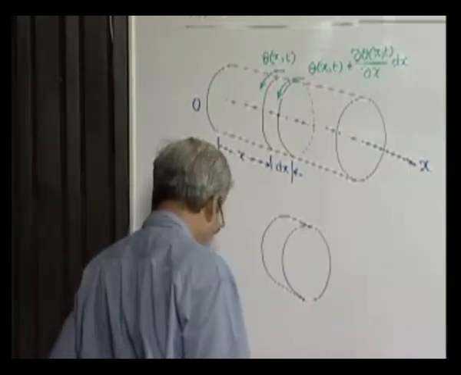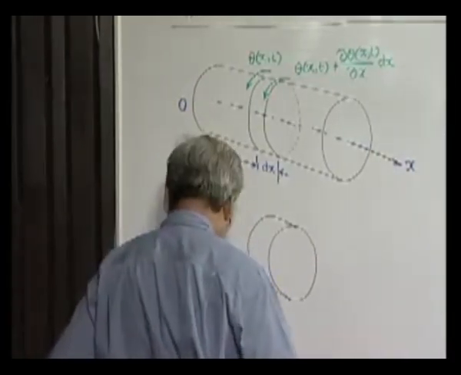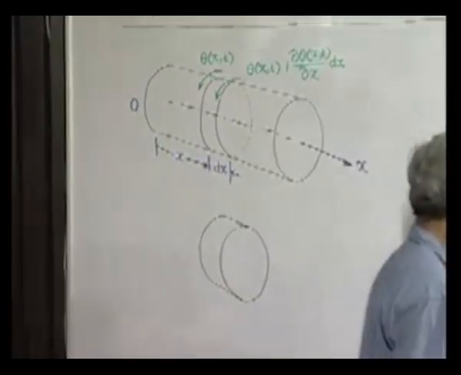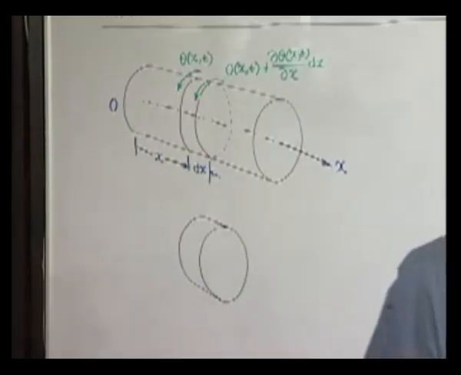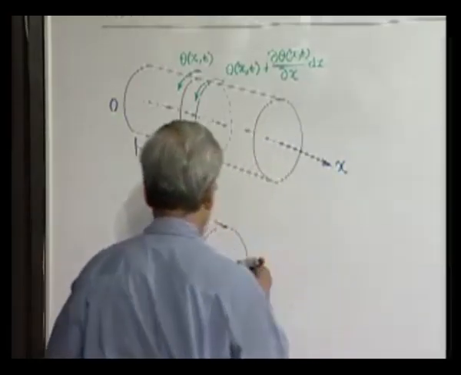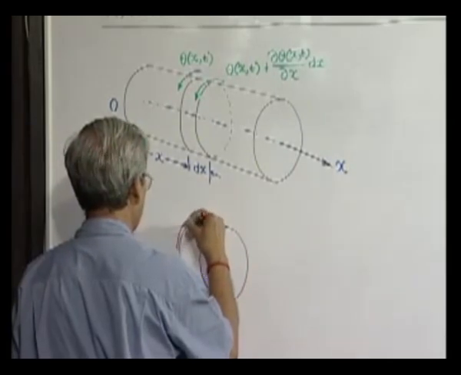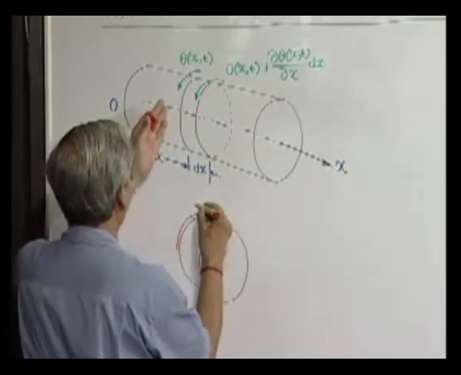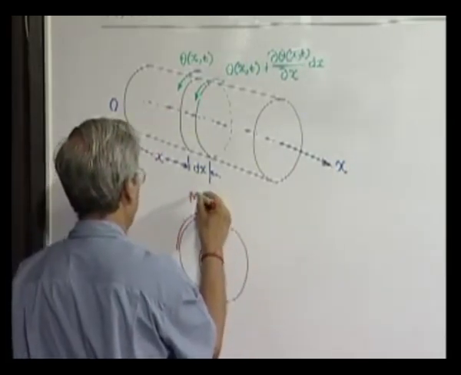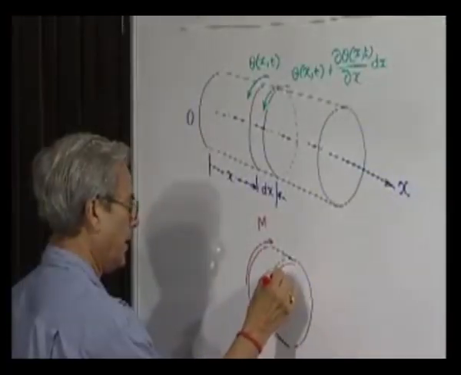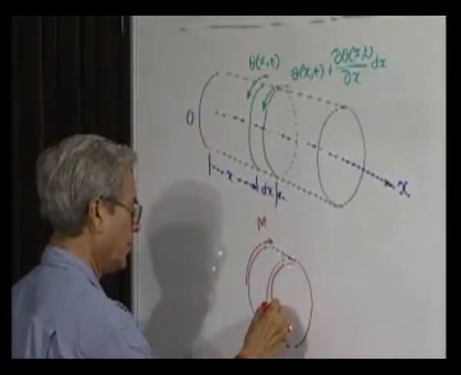Now here we know that the total moment which will be acting, the moment which will be resisting the rotation from this side, is say m, and the moment which will be trying to twist it on the other side.